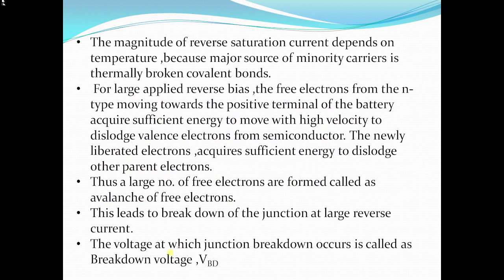Next, for large reverse bias, the free electrons from the N region move towards the P terminal of the battery and acquire sufficient energy to move with high velocities.